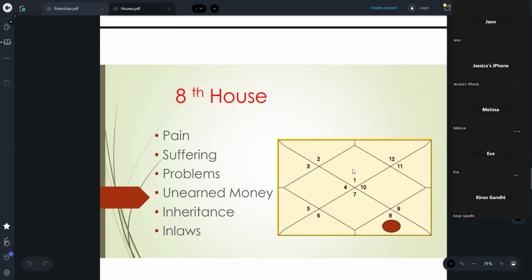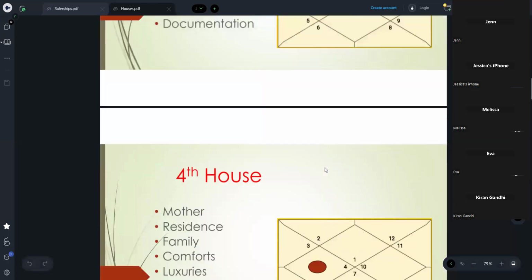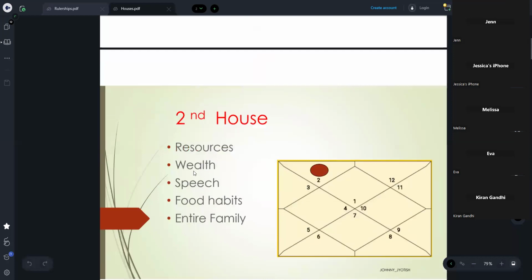Okay, let's try this again. First house is us. It's whoever's chart it is, it's him, not us, sorry. So this is my chart, and this is me. This is Johnny right here. And this is Johnny's money, because we had already discussed that the second house is your wealth. It's this person's, whoever's chart it is, their wealth. And the people he will be interacting with on a regular basis.